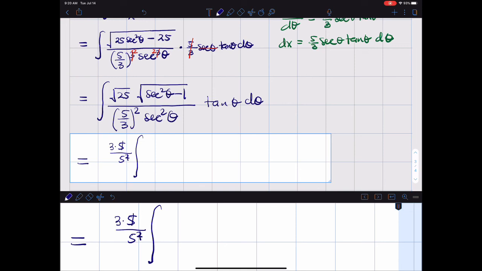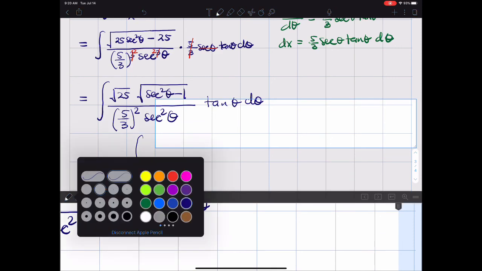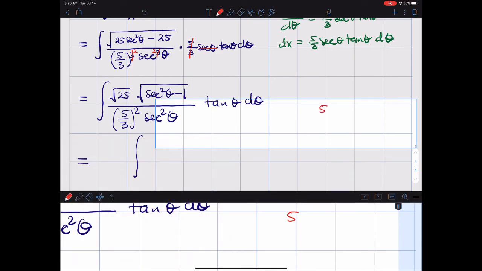I'm thinking we have 3/5, but I might be wrong. No, 3 squared over 5, 9/5. Okay, well, let me just do it by the side. So you have 5 over 25 over 9. Bring the 9 to the top. They have 5 over 25. So you just have 9/5. That's what we have.